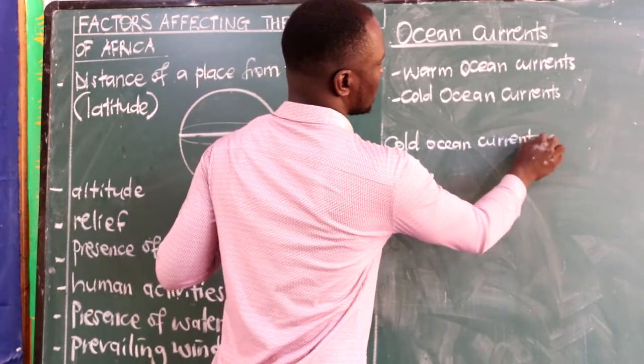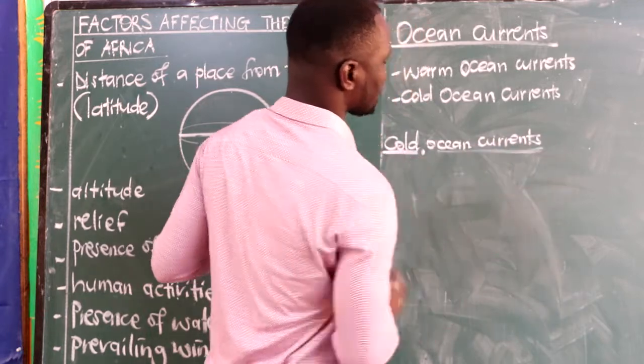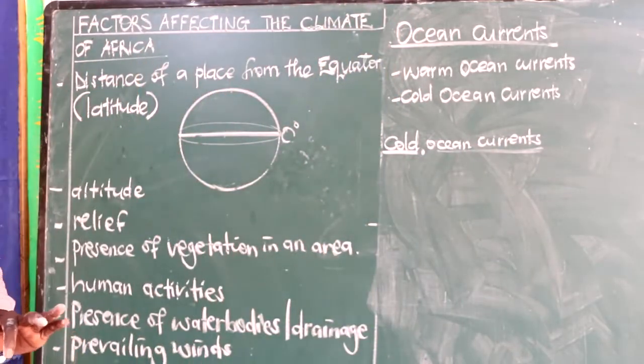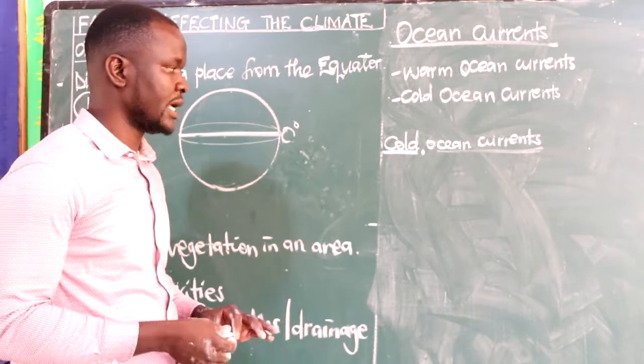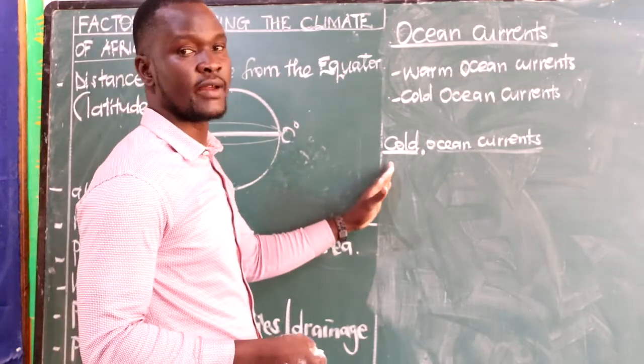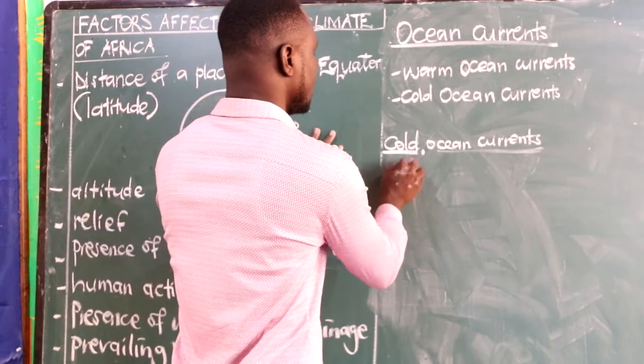Let's begin with the cold ocean currents. We are saying the cold ocean currents flow from a cold area to a warm area.